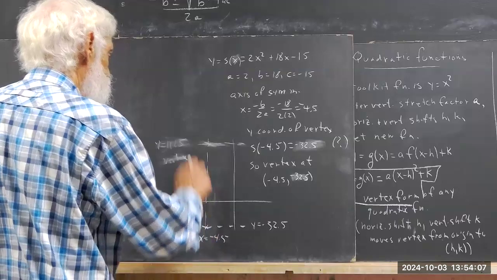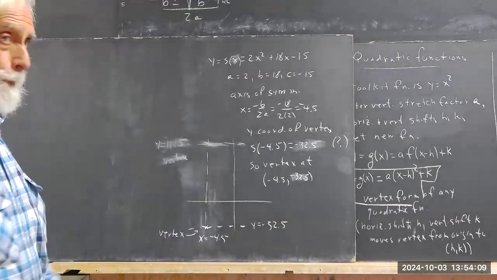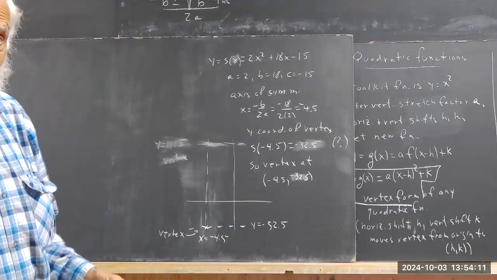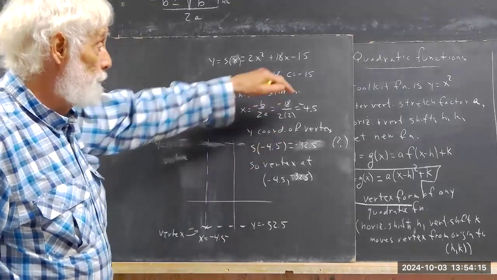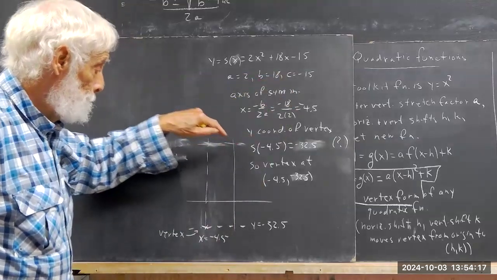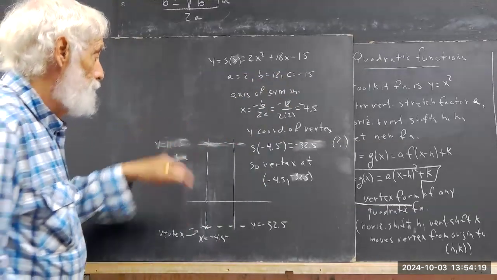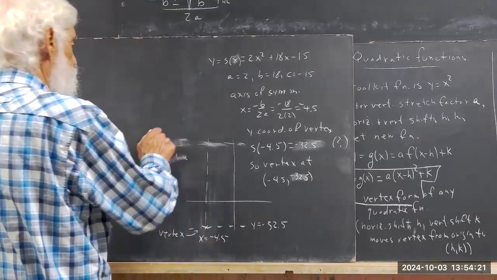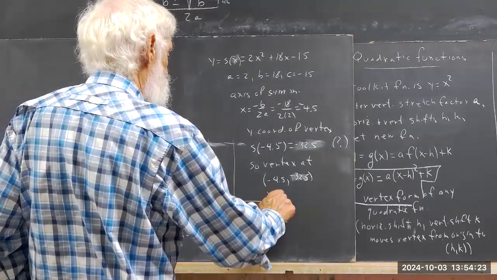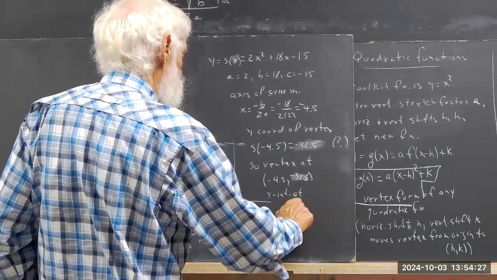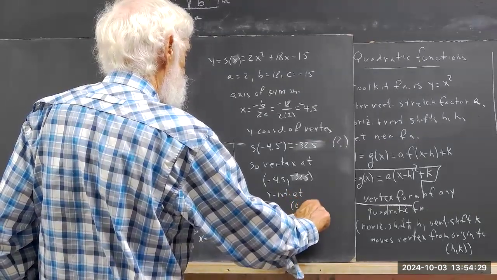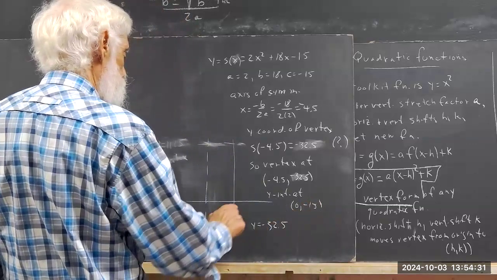Now I knew that something was wrong here. First, that number didn't seem to make sense to me, but I accepted it because I couldn't see that I had a negative there, even though I put it there. Now, y-intercept is 0, negative 15.